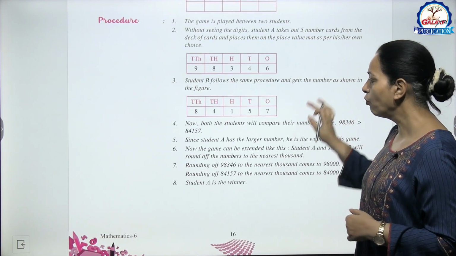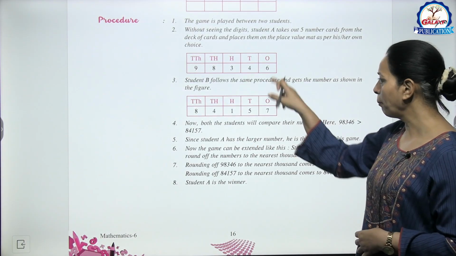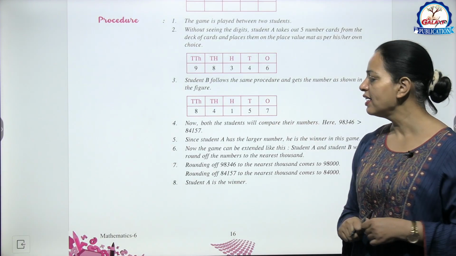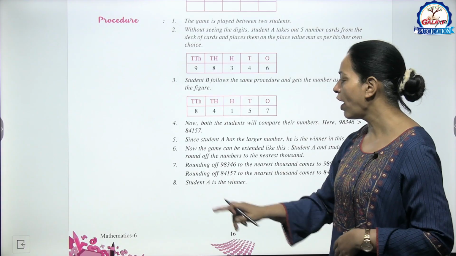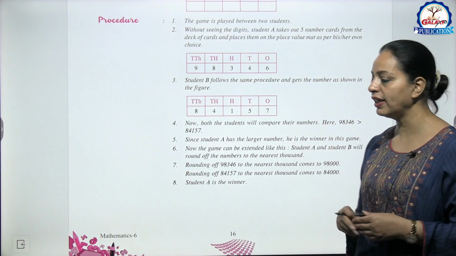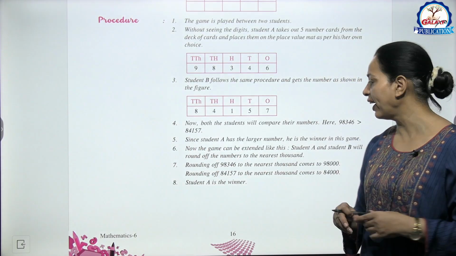Then step 4, now both the students will compare their numbers. So we can compare these two numbers. We can see the first number is greater than the second one. Now step 5, since student A has the larger number, he is the winner in this game. And step 6, now the game can be extended like this.